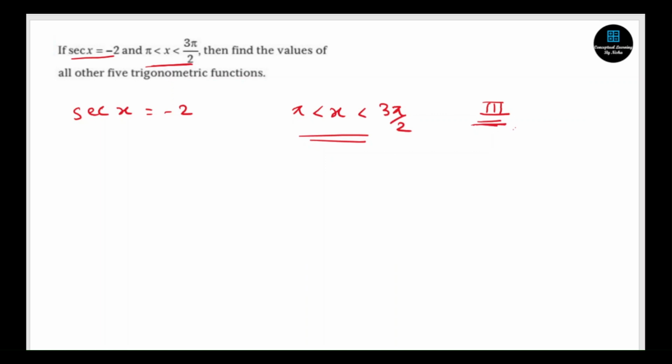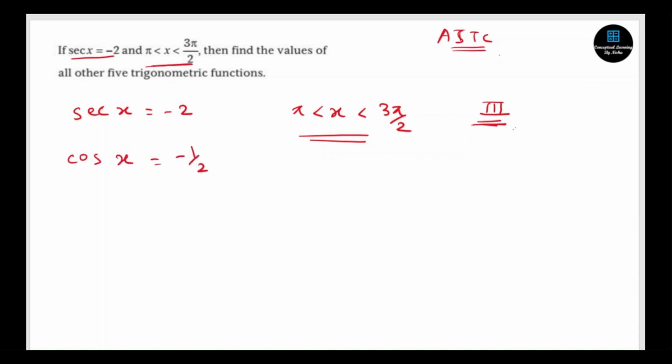Now, based on that, remember the ASTC rule, right? So remember this. Now, in the third quadrant, tan and cot are positive. Other trigonometric ratios are negative. So, when we write the values, we have to put the negative sign for the remaining ratios. Alright. So, now it is easy. Cos x is what?